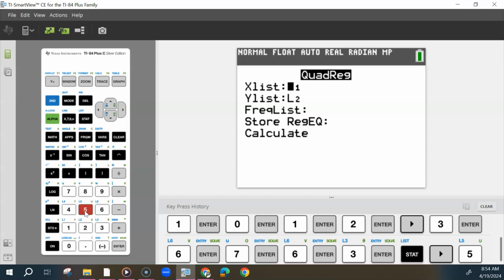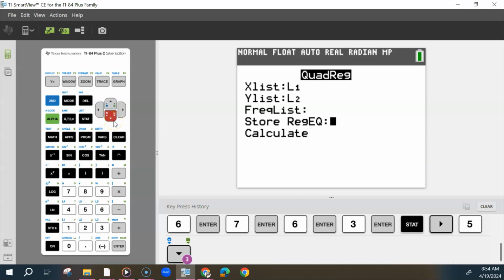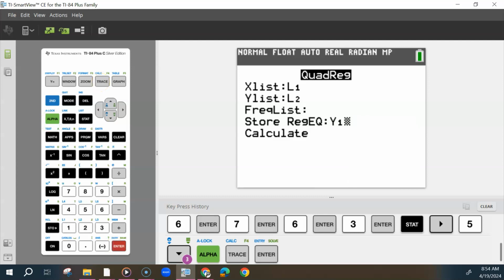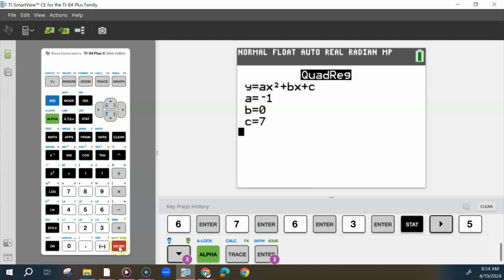So we're going to store this, go down to store, and hit alpha trace, and enter 3 times. And then that would give you your curve of best fit. So we don't have a b in this case, so you wouldn't have a middle term. But our equation would be y equals negative x squared plus 7.